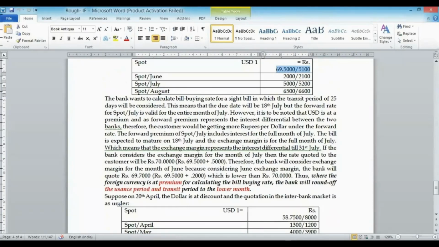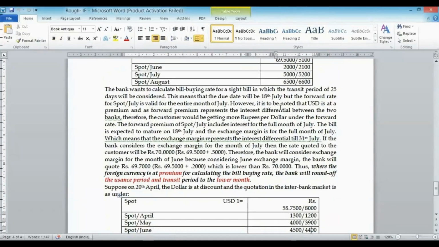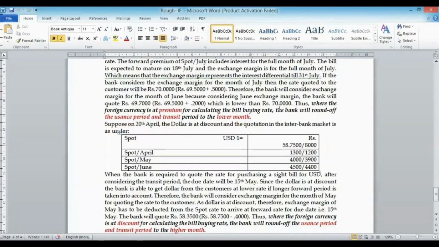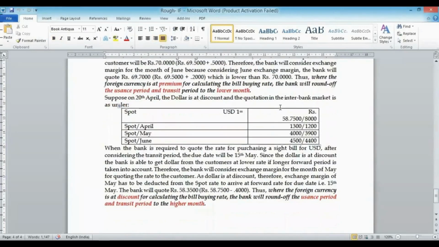Always keep in mind that for knowing the forward premium or discount, we will not consider the spot rate. We will consider the forward margins which are given for the preceding months. Right? So, in a nutshell, I have explained.